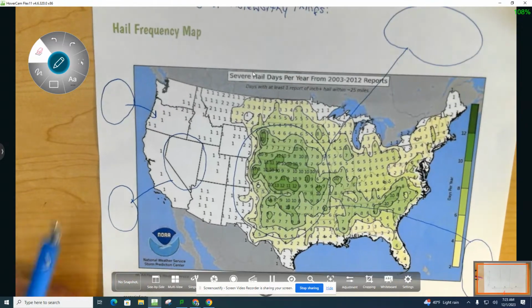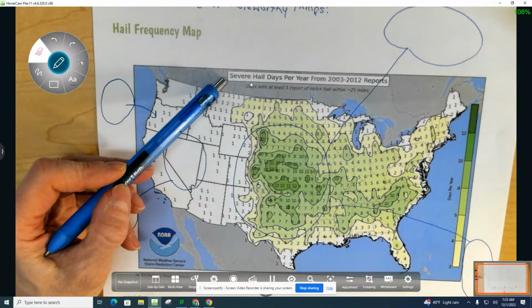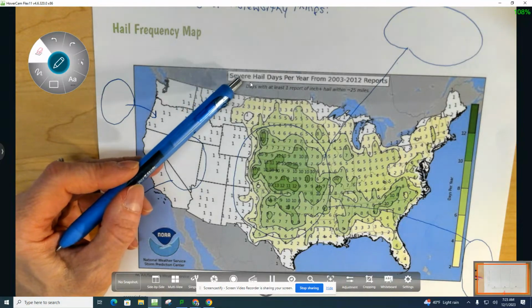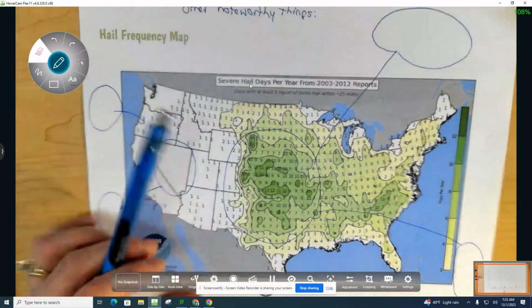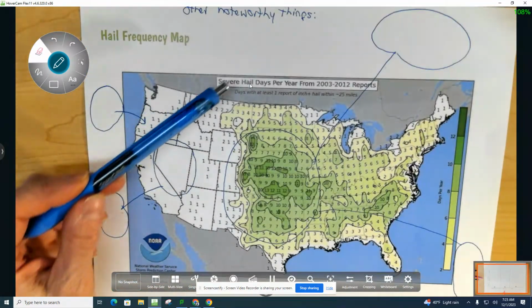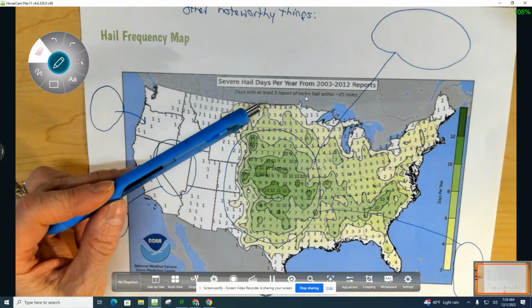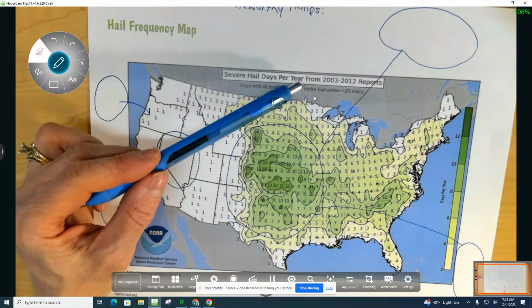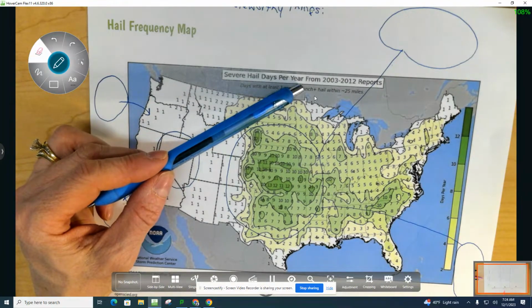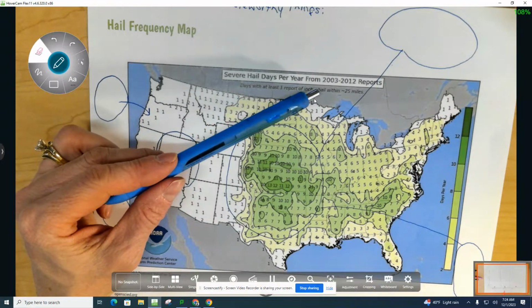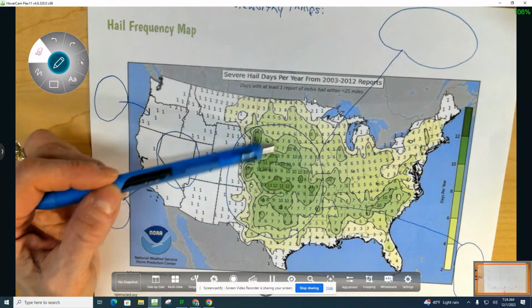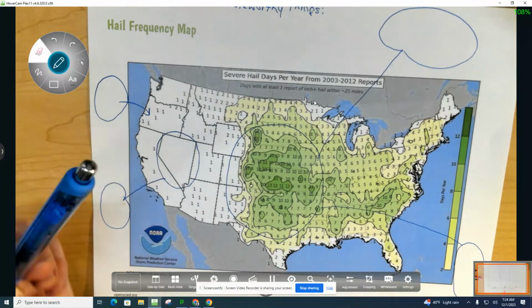First thing I want you to do is notice the title. Severe hail days per year from 2003 to 2012. These are days with at least one report of an inch plus hail. So inch plus means an inch or more in diameter of hail within 25 miles of the center of the report.